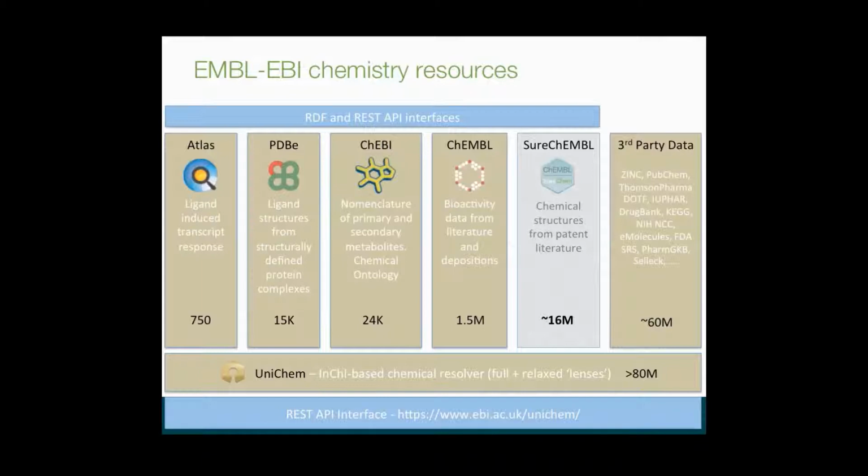So the UniChem system is our InChI-based chemical resolver. You provide an InChI string or an InChI key, and it will quickly do a lookup and bring back whether this compound exists in more than 30 different sources. And UniChem has access to more than 80 million unique compounds at the moment.